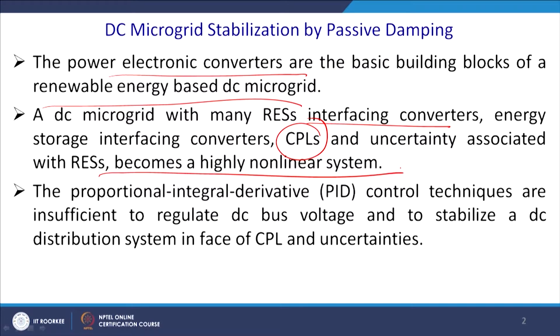All of a sudden load may change, which was a problem in the typical power system. Now you have a problem with the battery's voltage balancing, and with the variable irradiation and temperature of the solar and the wind. So, these are many parameters which have to be catered into the microgrid, and thus the system becomes highly nonlinear.